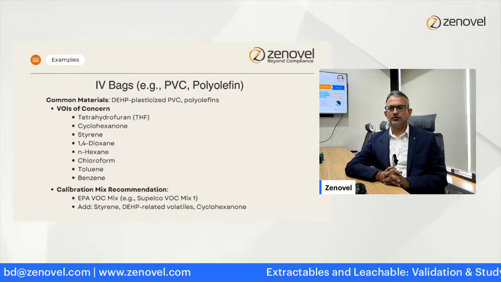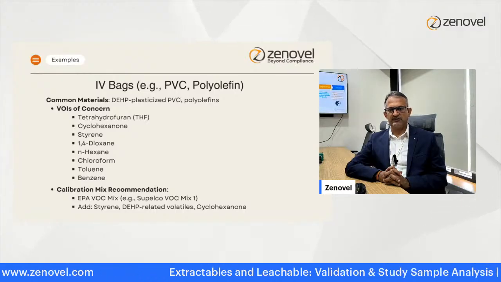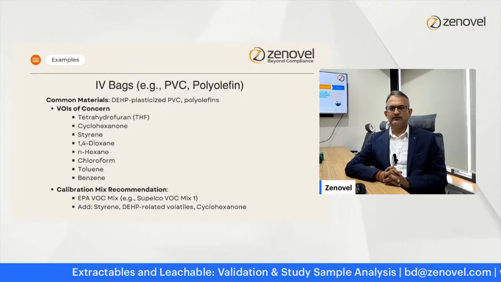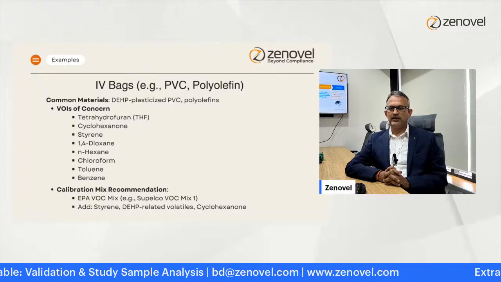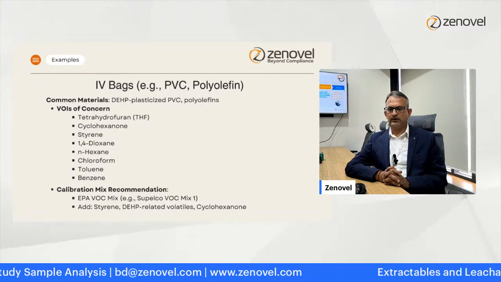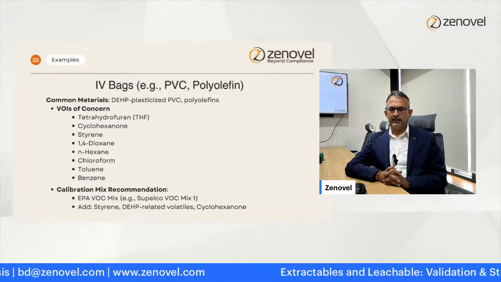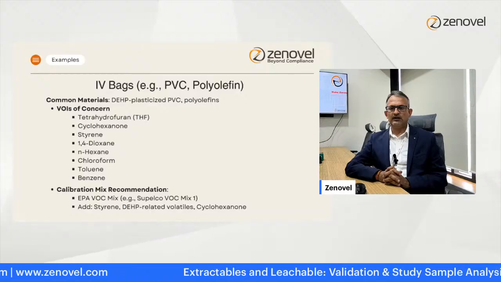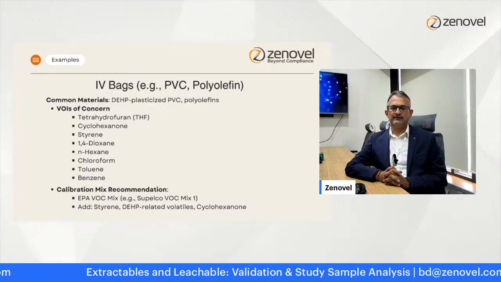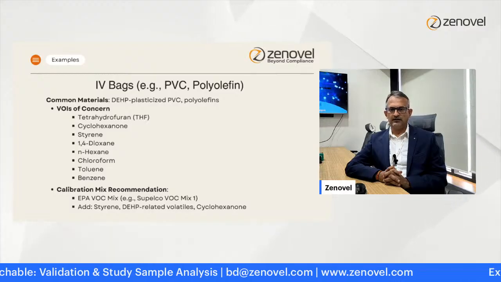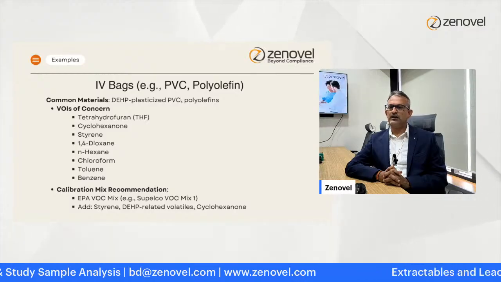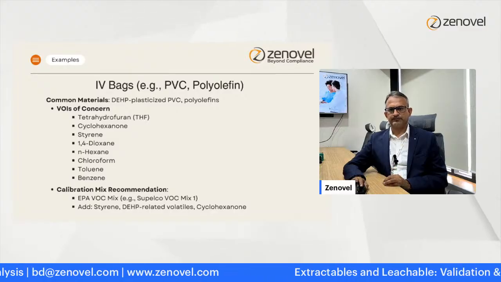Here the list of VOCs of concern is mentioned, and the recommended calibration mix is the EPA VOC mix, for example Supelco VOC mix 1, and we can also add styrene, DEHP-related volatiles, and cyclohexane as additional calibration standards for the evaluation of this kind of VOC leachables.